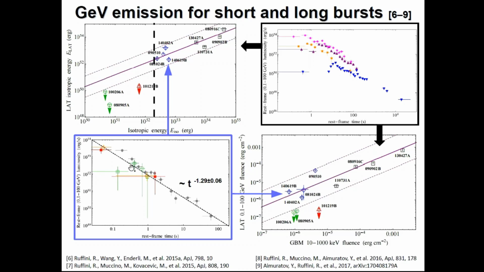And as you can see here, in the case of short GRBs, there is a very constrained, very narrow correlation with time, with this slope of minus 1.29.